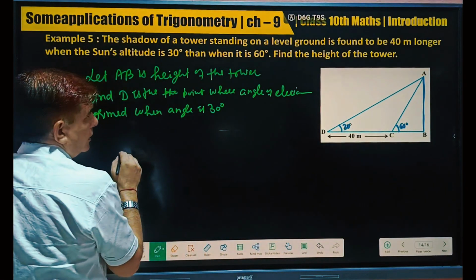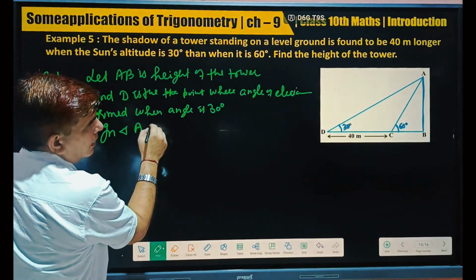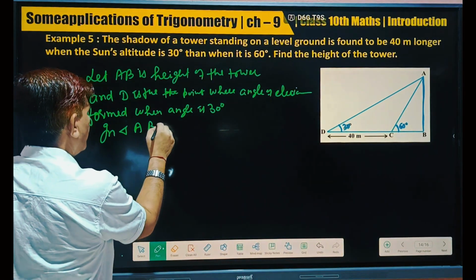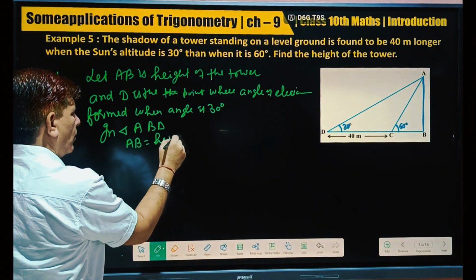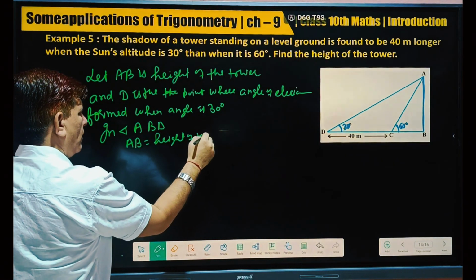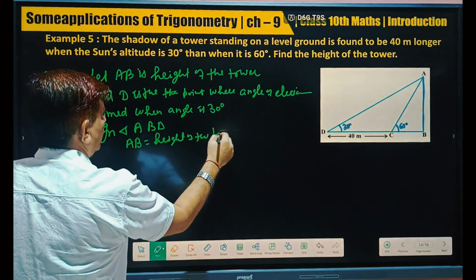So we can start in triangle ABD, where AB is the height of the tower.